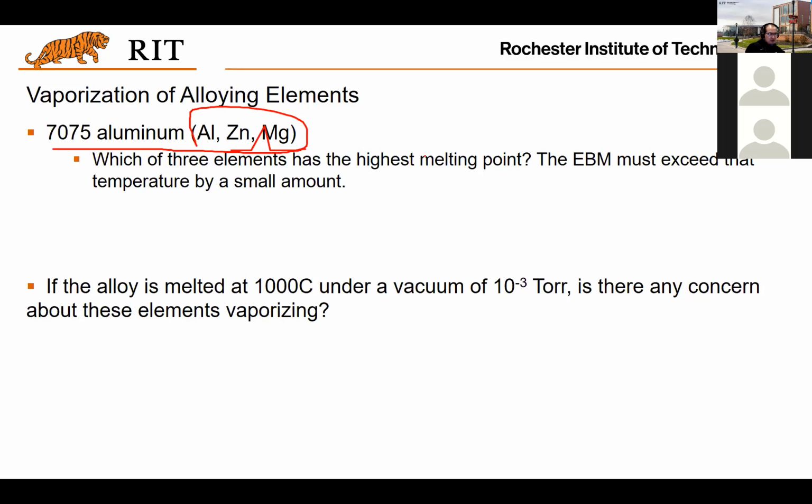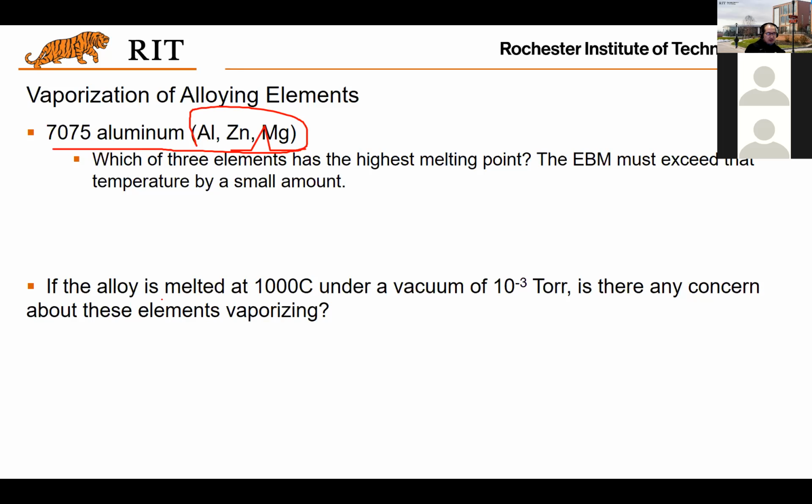In such a condition, there could be some evaporation of some of the elements. So how do you determine whether there will be evaporation or not? If there is, that means the material is not applicable in the process because some of the elements would be vaporized during the printing process. So it is essential to determine that before you decide whether to use the material or not.